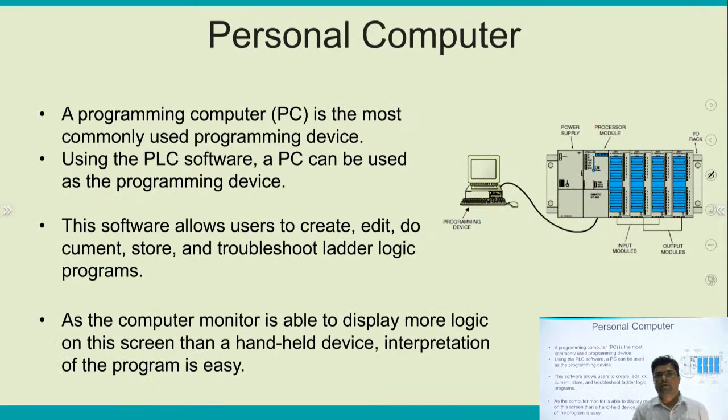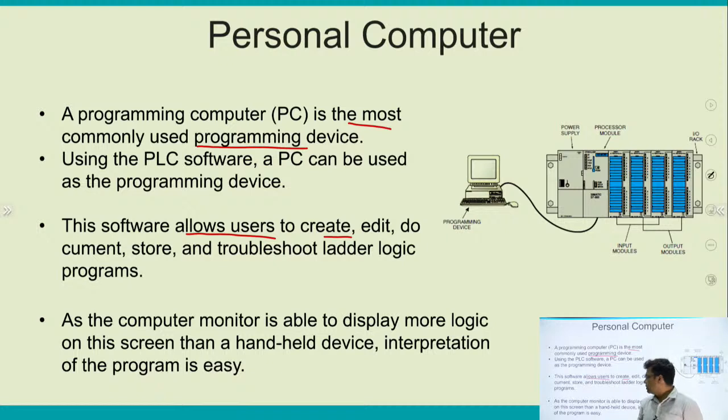Personal computer is the most commonly used. We can feed the program with the help of a PC using the PLC software. The software allows us to create, edit, document, store or troubleshoot a ladder logic, which can be changed with the help of a personal computer.